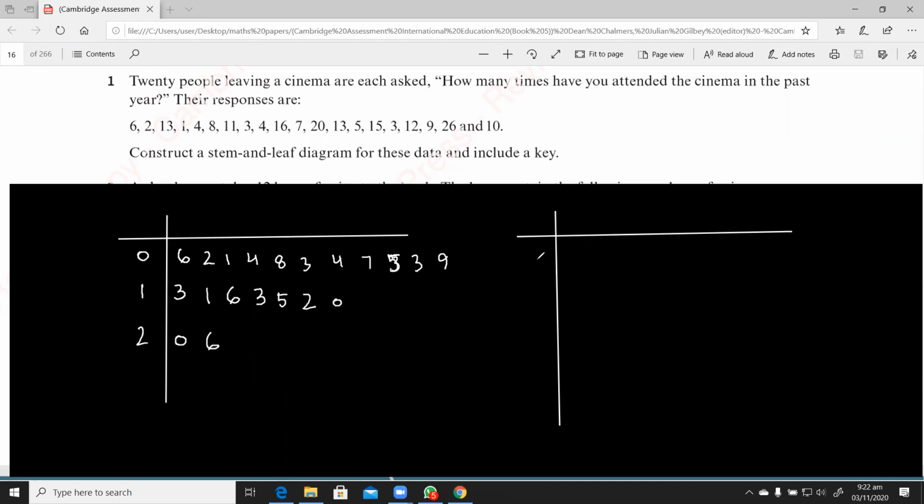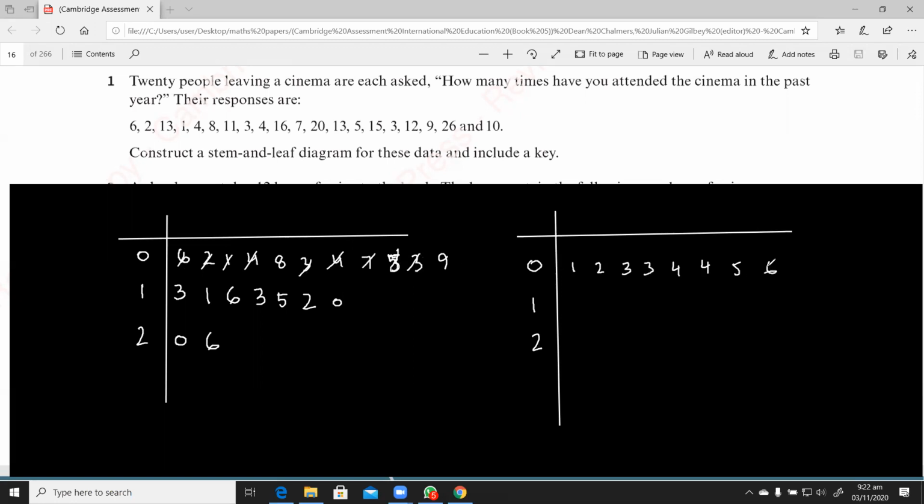We'll be writing the same, but in ascending order, okay? So the smallest here is 1, then I have 2. So this is 1, then 2, and 1, 2. There are 2 3s, okay? This is 1, 2. Then we have 1, 2. There are 2 4s, 1, 2. Then we have 5. Then we have 6.